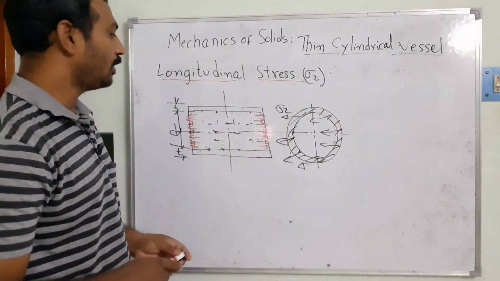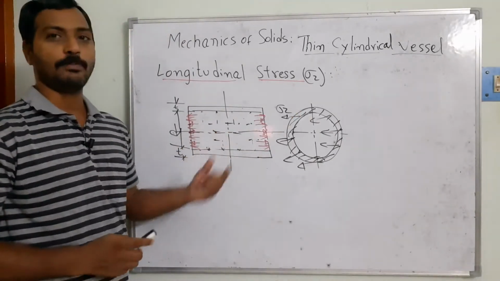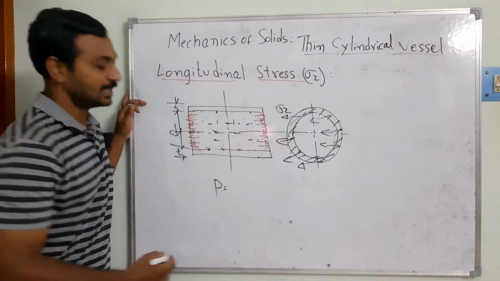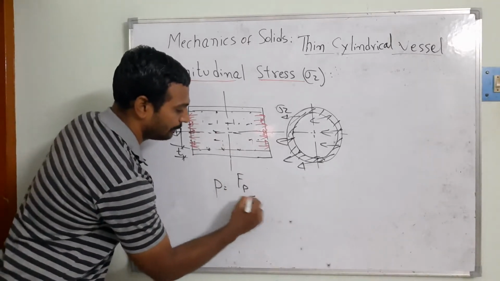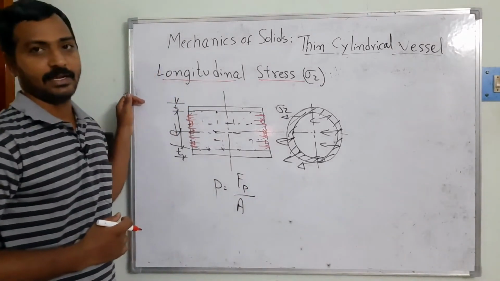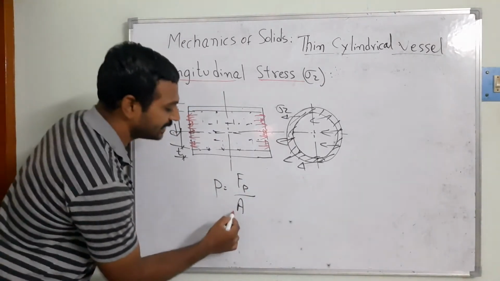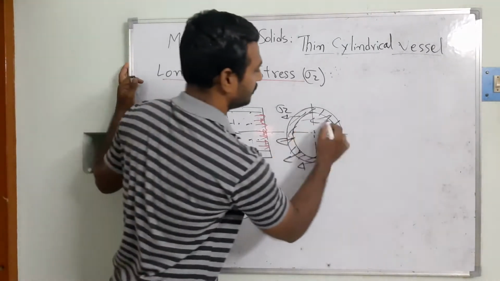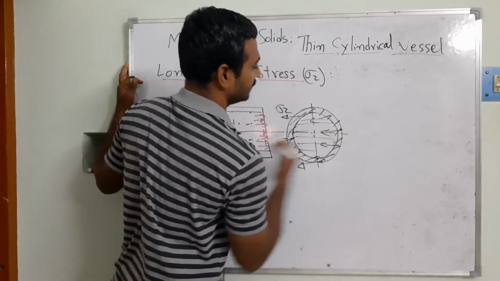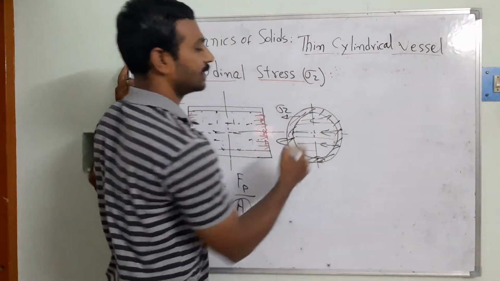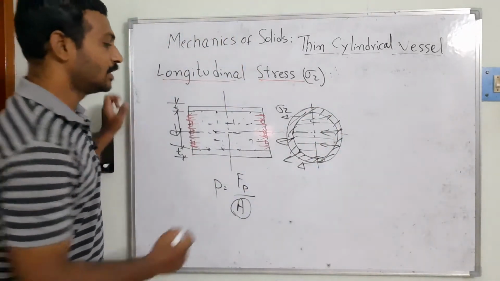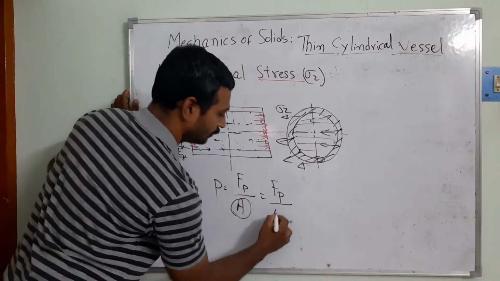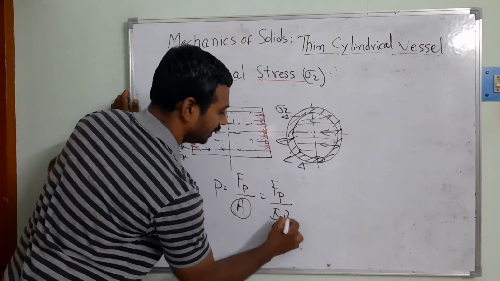Now I am taking the pressure P that is acting in this case. The pressure force is the pressure times the area I am considering. Can you tell me what area the pressure is acting on? The internal diameter is subjected to the pressure area, so the area is pi by 4 d square.